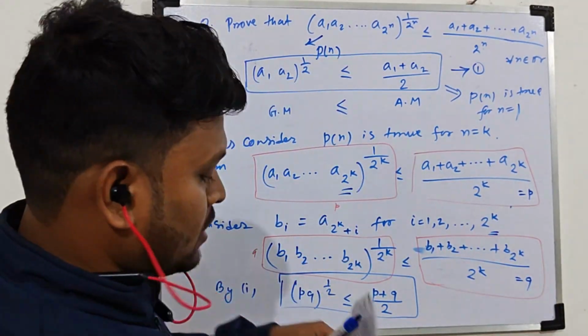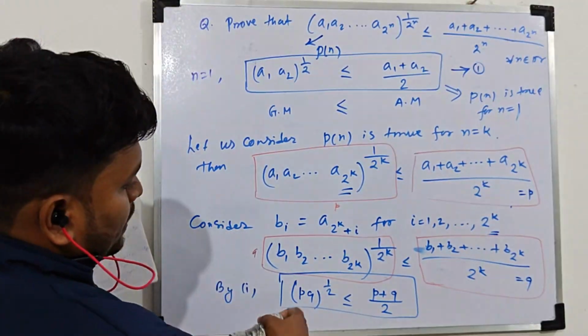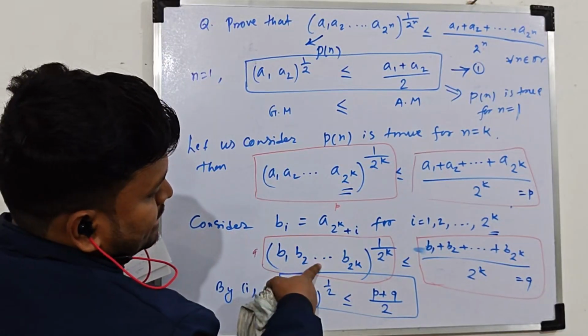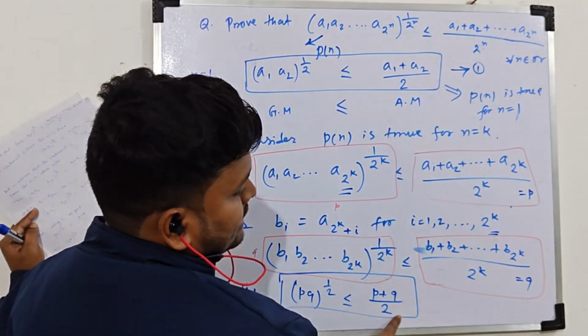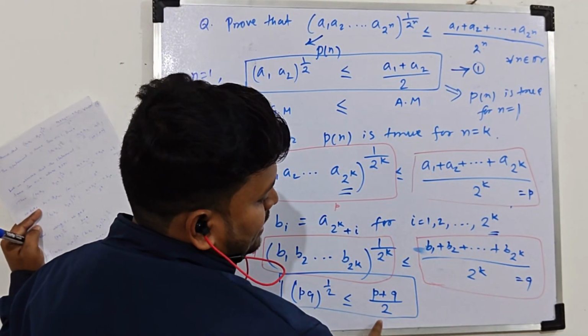Let's see what we will get. The left hand side will be (this into this) to the power half, and the right hand side will be this plus this divided by 2.